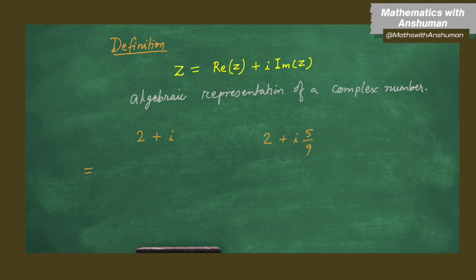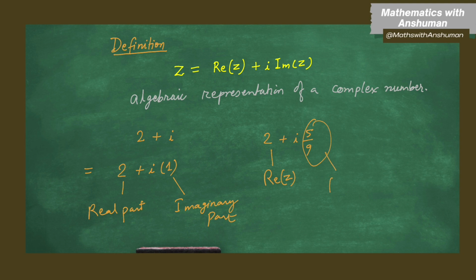So 2 plus iota is actually 2 plus iota multiplied by 1. So 2 is the real part and 1 is the imaginary part. Let's come to the other example. Here 2 is the real part and 5 by 9 is the imaginary part.